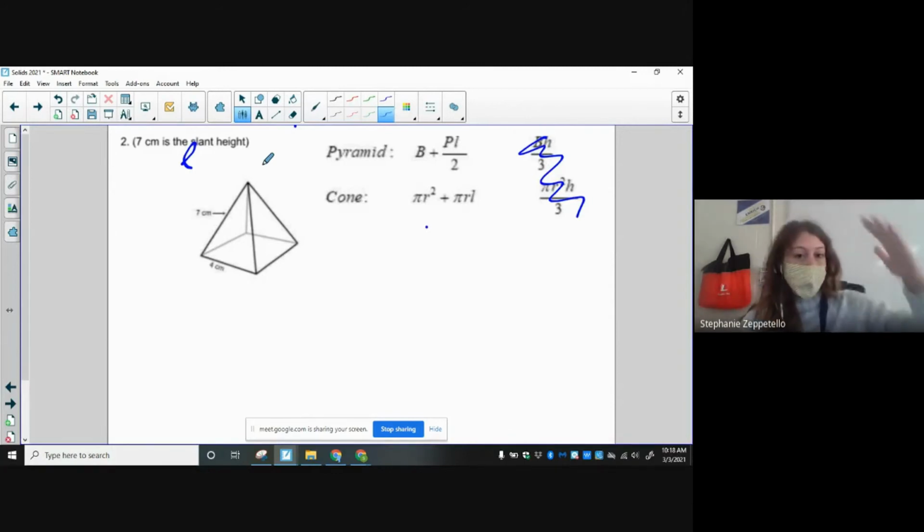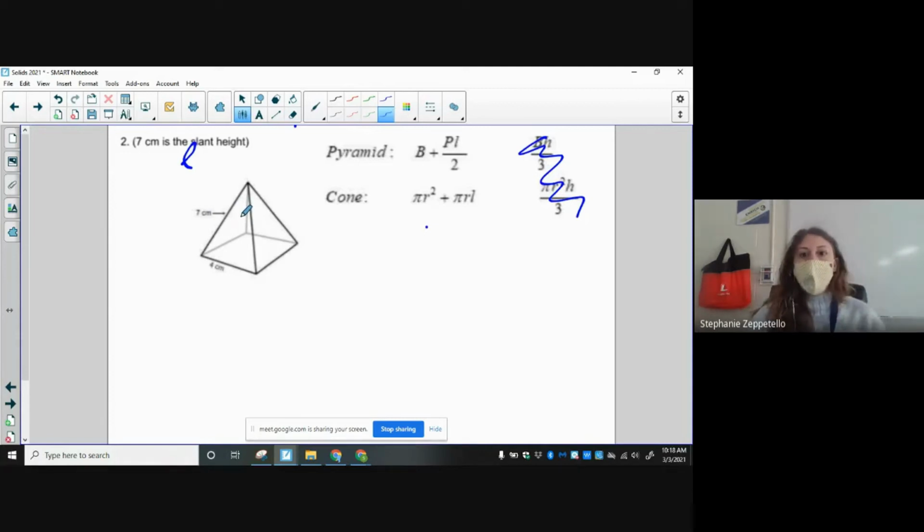And then L is the surface one. Because remember, if we're thinking about surface area as the area of the surface, if I undid all of these shapes, I would just be pasting 4 triangles and 1 square. Well, I need the height of that triangle. The height of that triangle isn't inside our 3-dimensional shape. It's the slanty part, right?